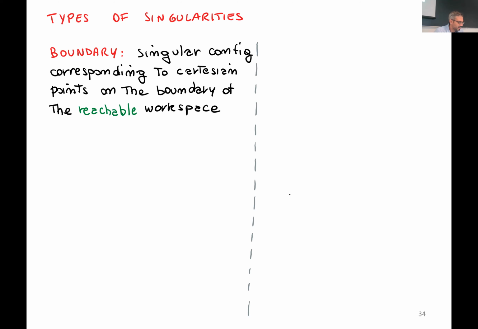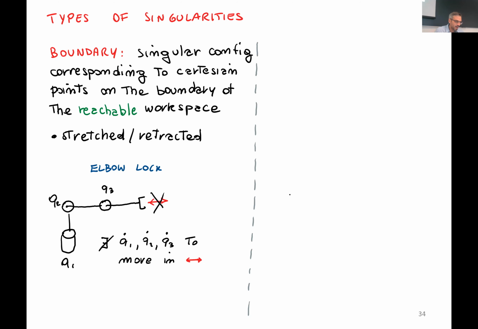Then there are those configurations where the arm is completely stretched, or completely retracted, or completely folded. For example, elbow lock in the case of a planar robot. And you see that in this case, there doesn't exist a set of q1 dot, q2 dot, q3 dot that is able to move in this direction.